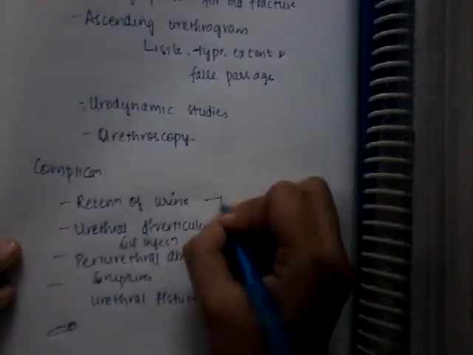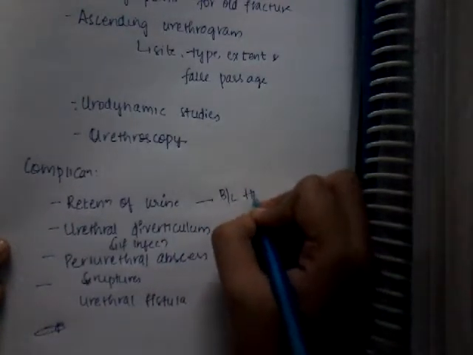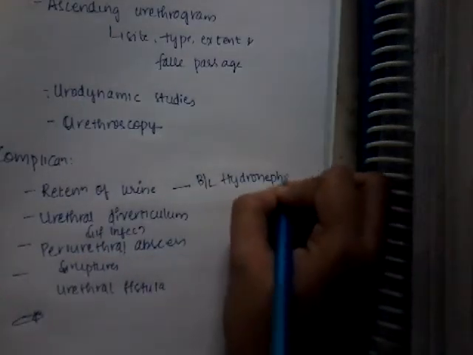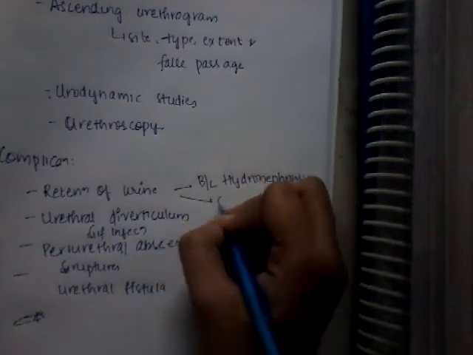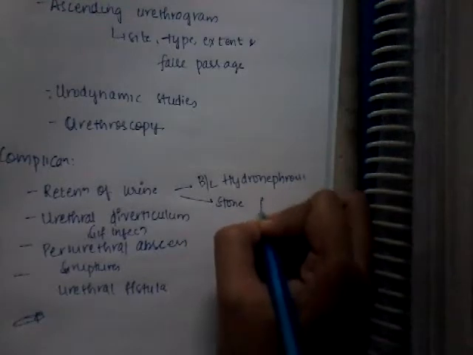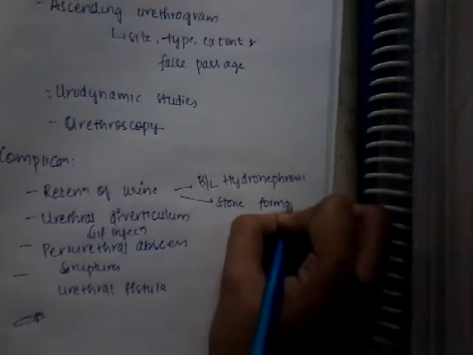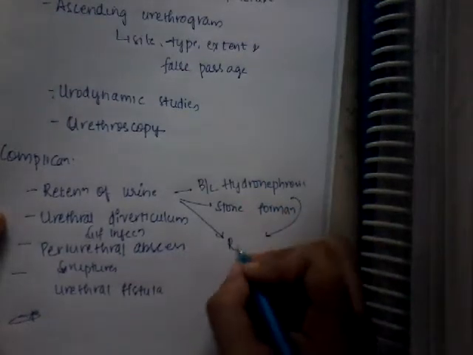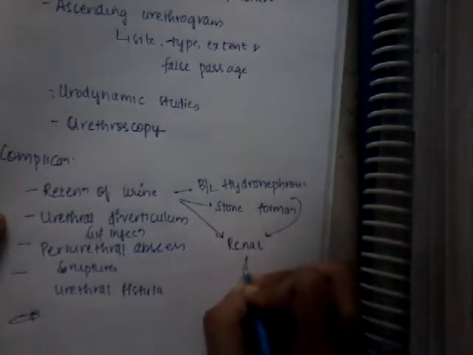Then because of retention, there is bilateral hydronephrosis, and because of retention there is stone formation. And because of retention and hydronephrosis, there is renal failure.